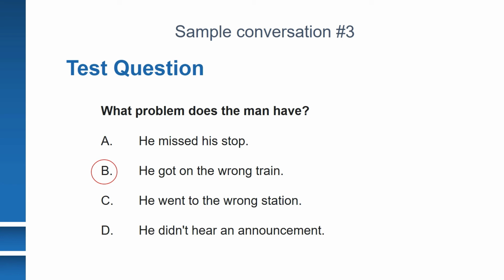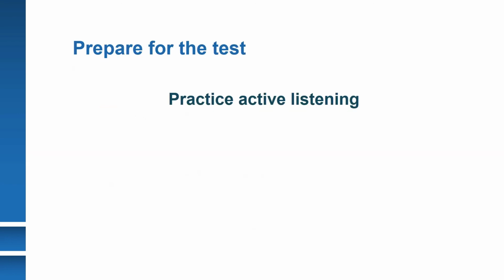So now you've heard 3 sample conversations from part 1 of MET listening. Just a quick recap. We practiced some active listening strategies, which is a great strategy to keep in mind to help you prepare for the listening section.